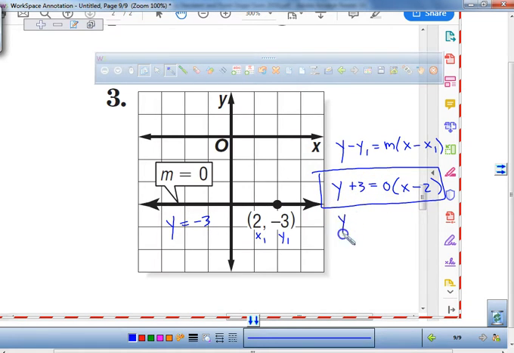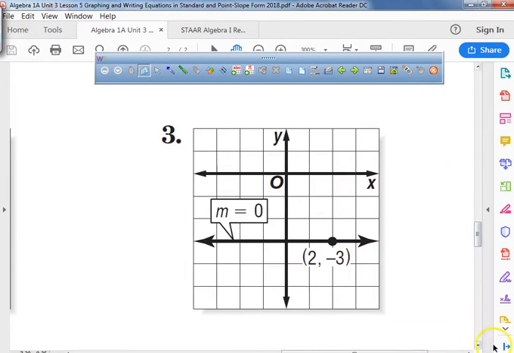If you get y plus 3 equals, when you multiply 0 times anything, what do you get? 0. And then when you take this and just chuck it across, what do you get? You get y equals -3. So can you take point slope form and change it to y equals form? Yeah, you can do that.